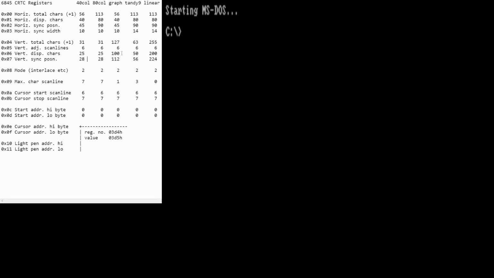And in the active region, 2 scan lines per character is going to give us the 200 scan lines in total in the vertical direction, giving us our 200 resolution. So that's how it works, but of course it's at the cost of having our CRTC addresses repeated twice per character row, which is still not what we want.